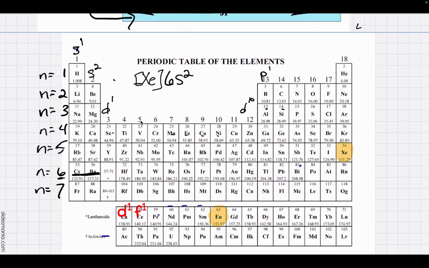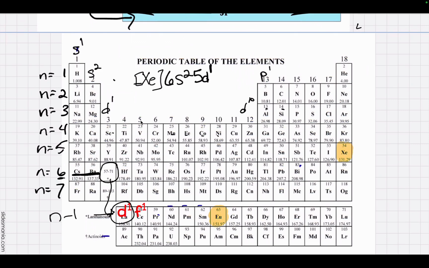And now, if you can see, it goes 57 through 71. So I'm going to come down here, and what you're going to see is that the first element is really d1. This d is going to be n-1, so it's going to be 5d1. So 1 electron will go into the d orbitals, and then the electrons will start filling into the f.